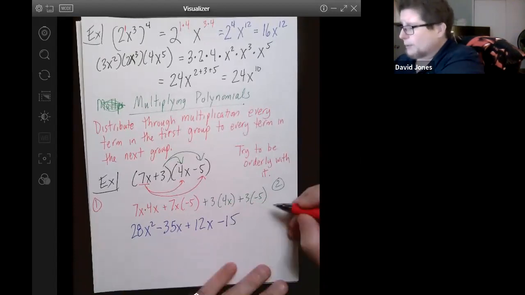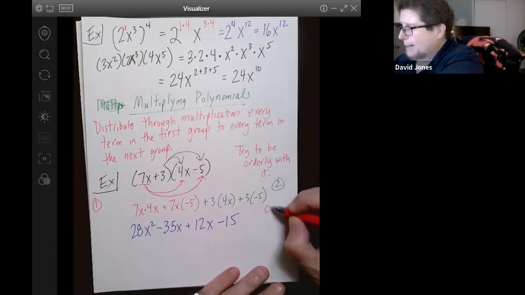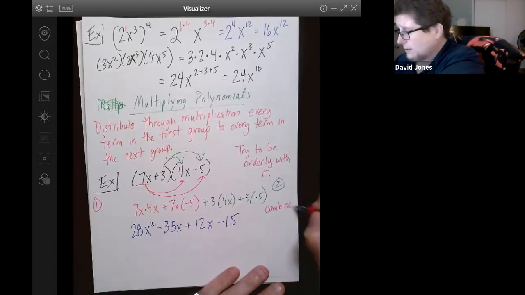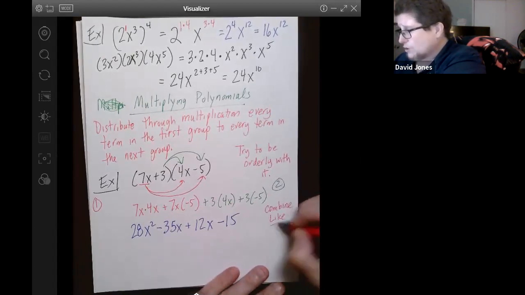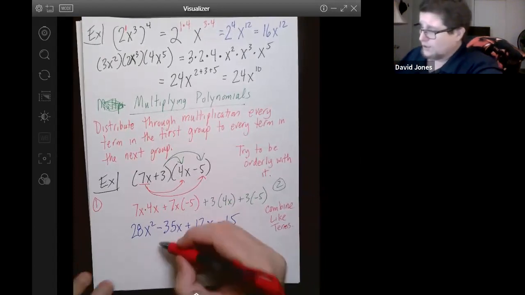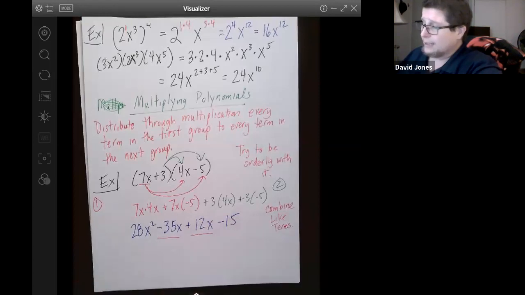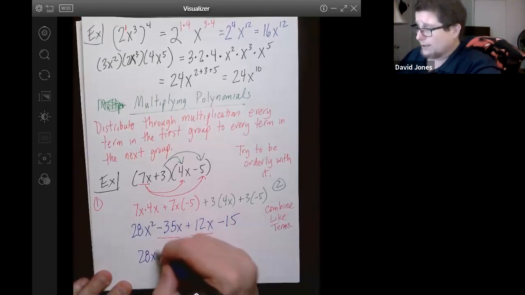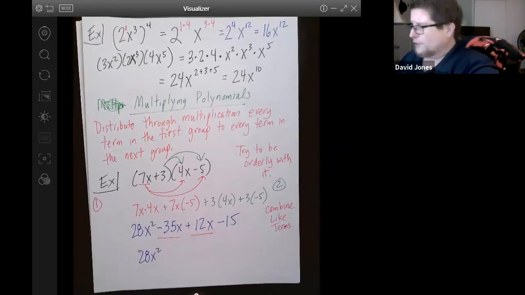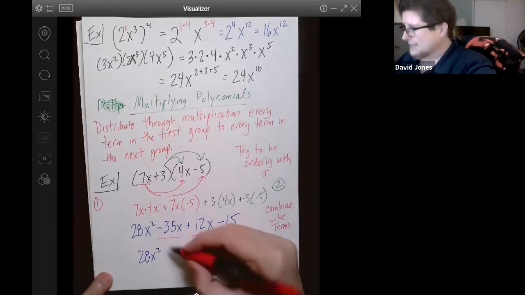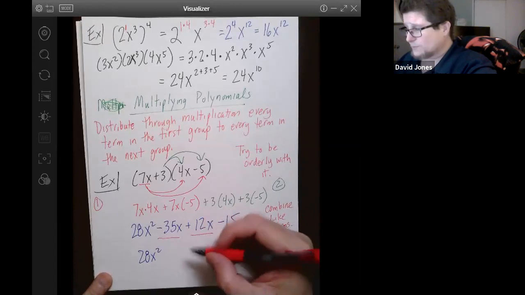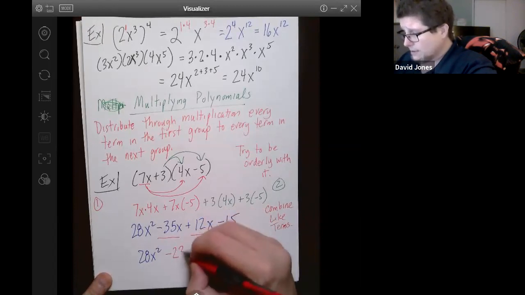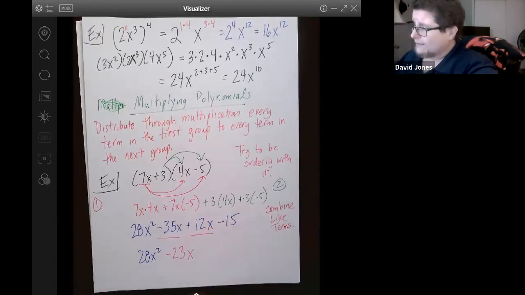And we got some like terms. We combine like terms. We showed doing that before. So these two are alike. We'll combine them. And I've got 28x squared. Negative 35 plus 12 is negative 23x. And then I've got the minus 15.